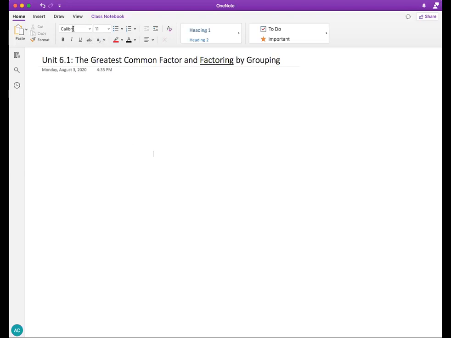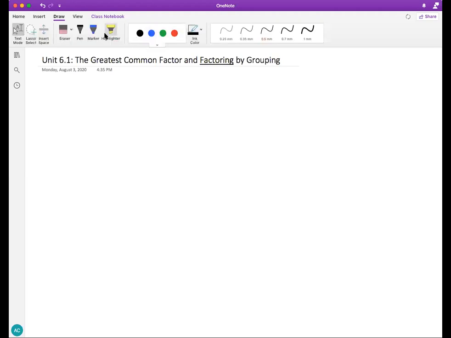Okay, so let's first define the topic here. So, definition of factoring. Factoring is a really important and very useful tool in algebra.